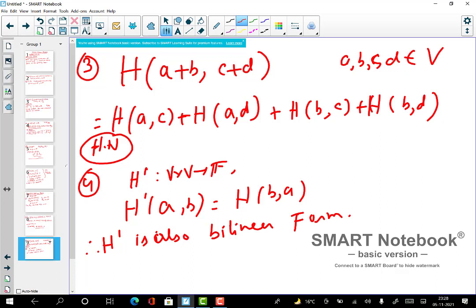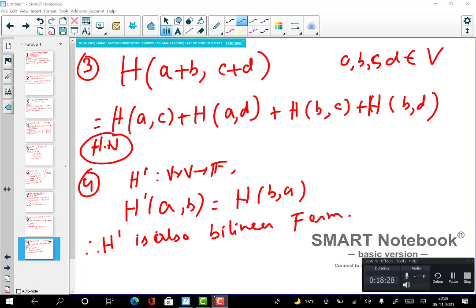This is kind of saying that bilinear forms are symmetric. If you change the coordinates, it will also give another bilinear form.